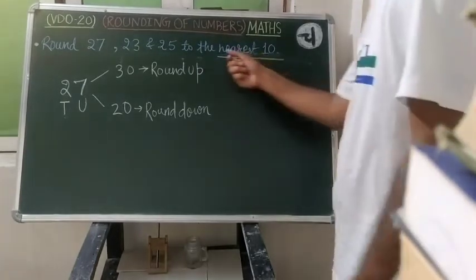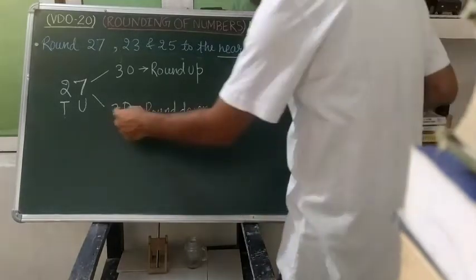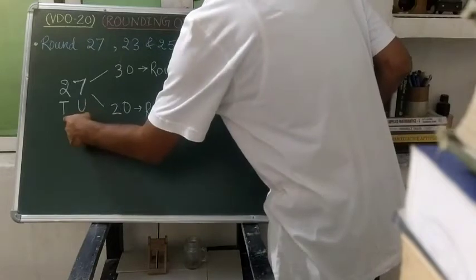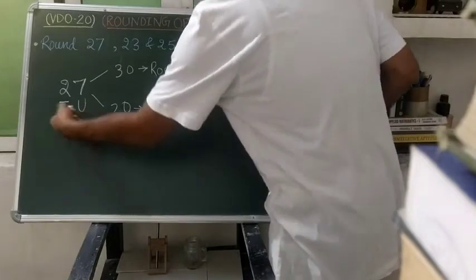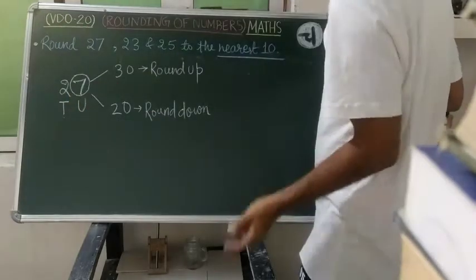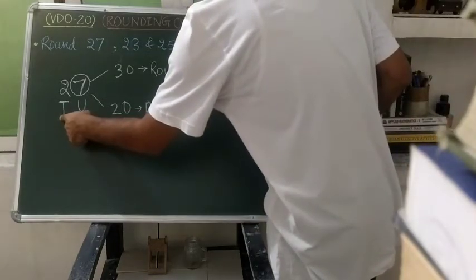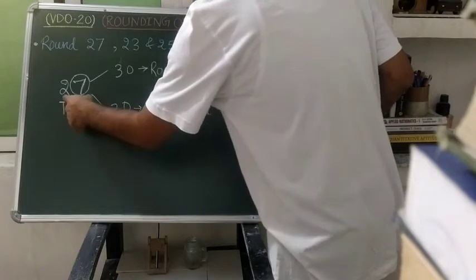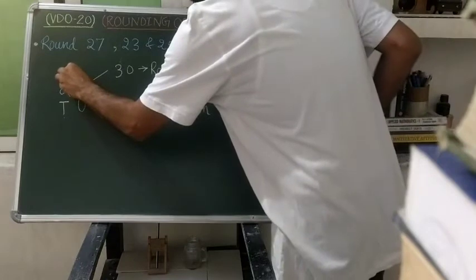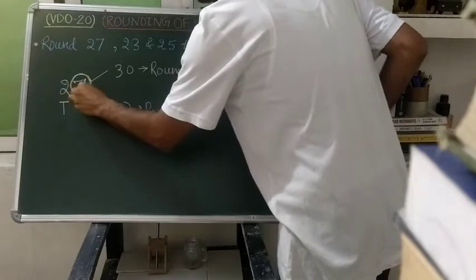Since they are saying to the nearest 10, we will go to the tens digit, and whatever digit is present on the right side of that place, we will select.